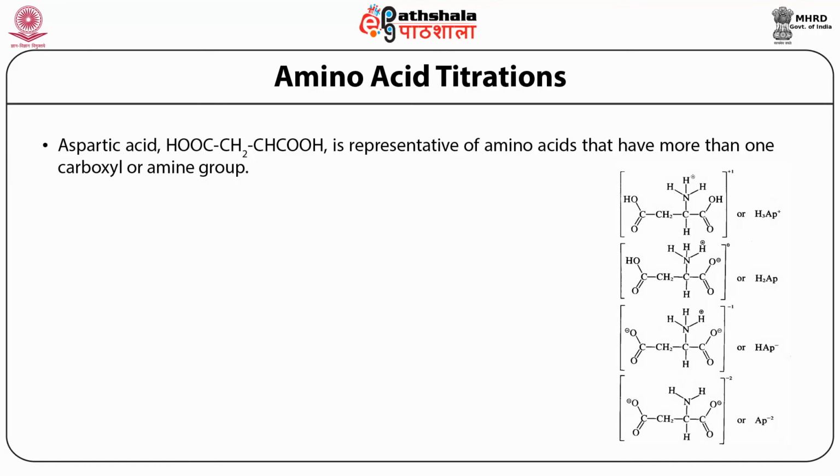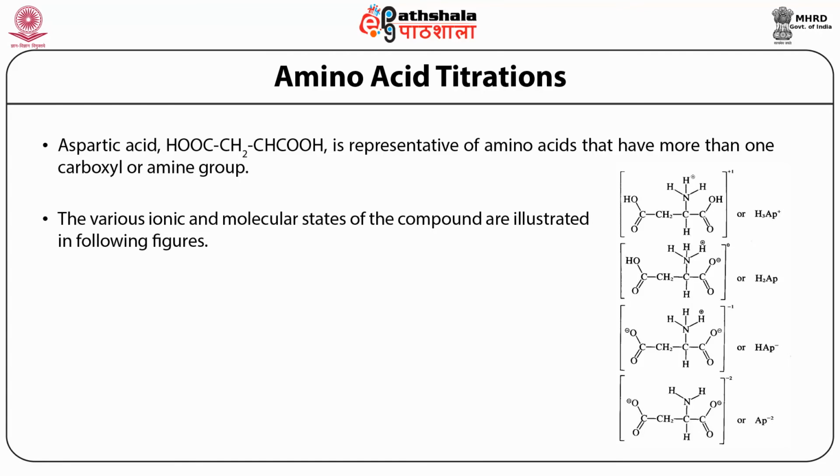Aspartic acid, which has two carboxylic groups, is representative of amino acids that have more than one carboxylic group or amine group, as shown in the following figure. The various ionic and molecular states of the compound are illustrated in the following figure.